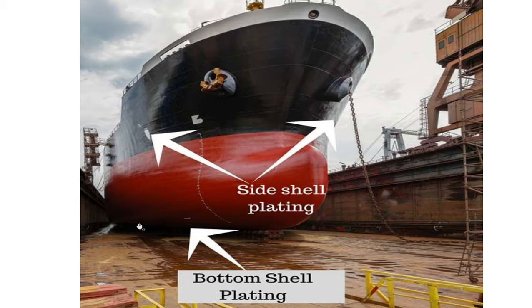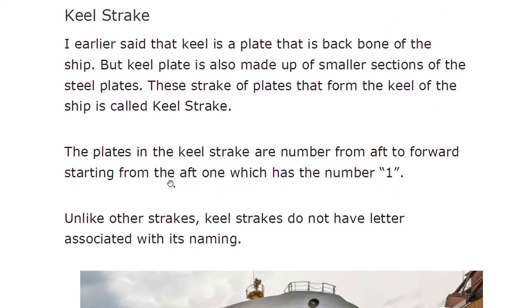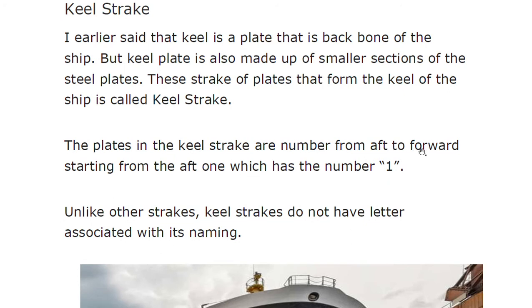So that is why garboard strake, suppose this is the A strake, and the topmost one is the shear strake, which is thicker in size. Significance and all I'm not going to tell now. So this A strake is also known as garboard strake. So see here, the plates in the keel strake are numbered from aft to forward, starting from aft which has the number 1.